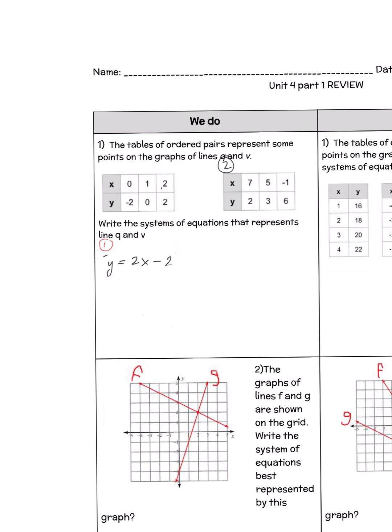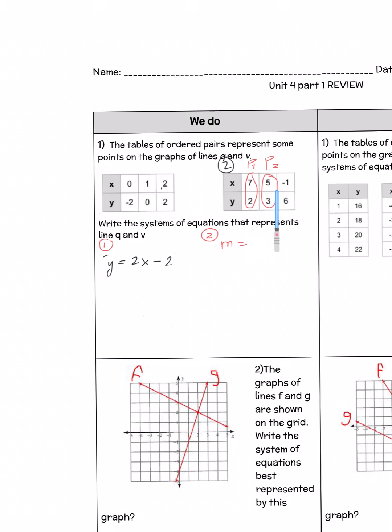So to continue on, I'm going to look at table 2. Table 2, notice I do not have any y-intercept points because I do not have any x value that is 0. So I'm going to have to solve this kind of like the long way. I'm going to choose (7, 2) as P1 and (5, 3) as P2. So for table 2, I'm going to use the slope.